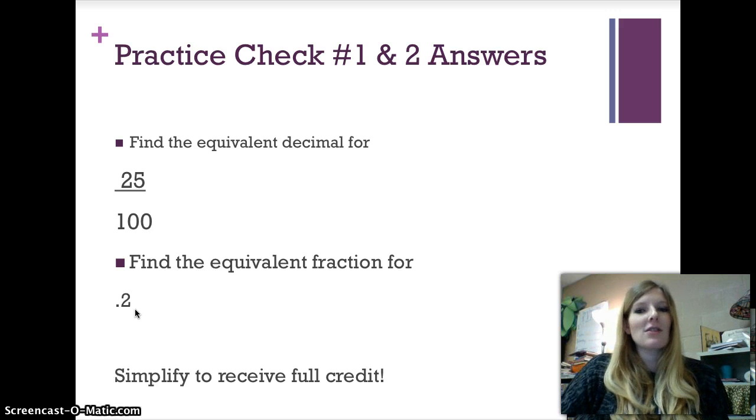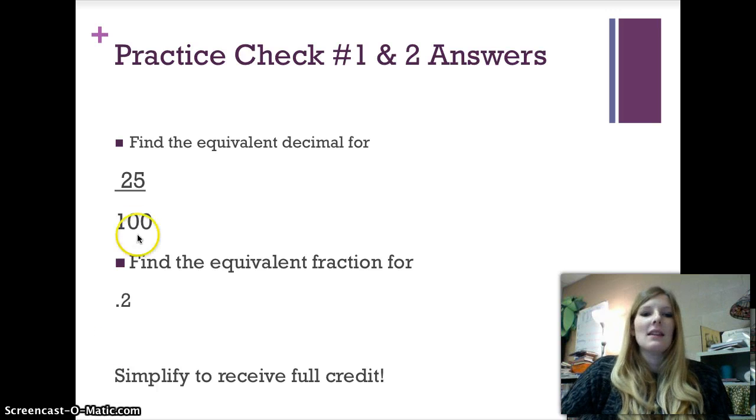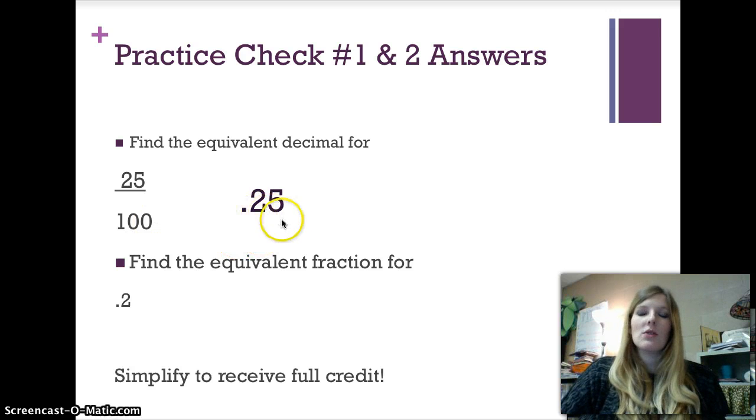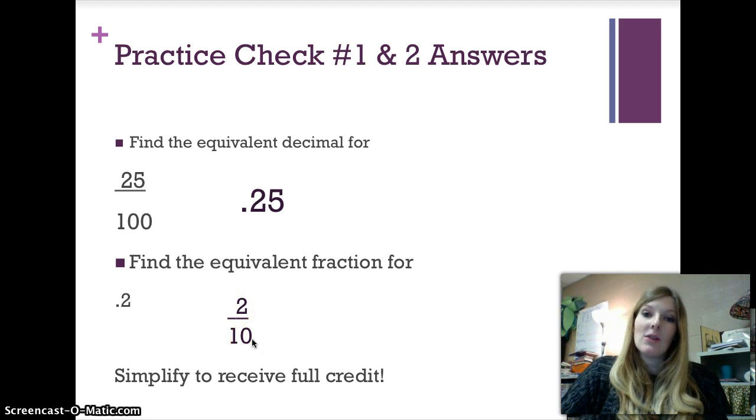If you're not ready for the answers, then pause the video because they're going to get given away. This fraction is 25 hundredths. So how would we write that decimal? 0.25, 25 hundredths. And the equivalent fraction for 0.2 is 2 tenths. But I said you had to simplify it to receive full credit.